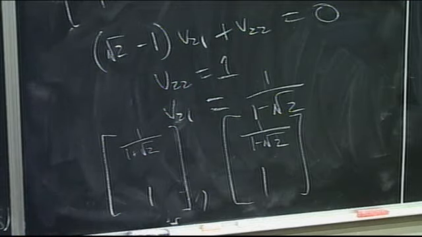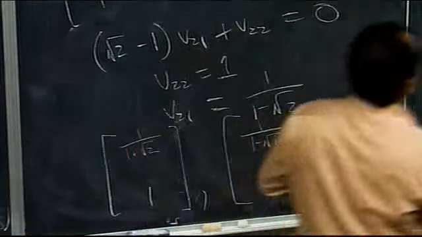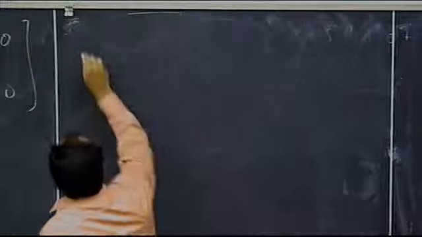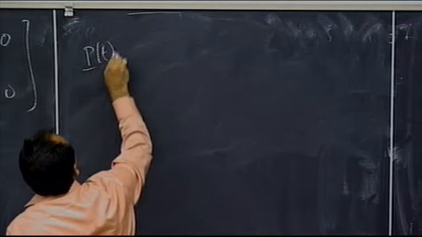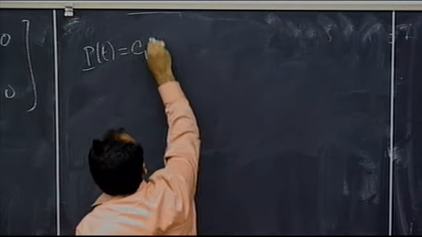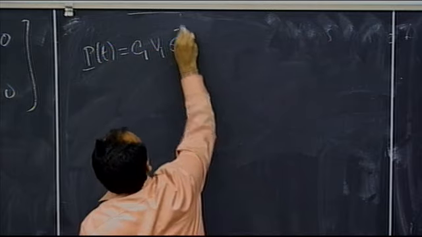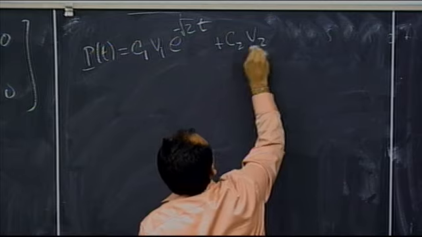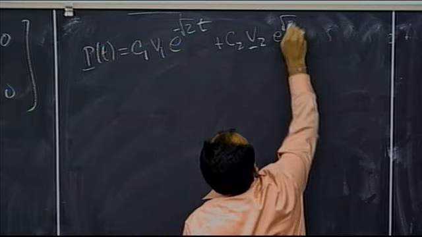Now, if I look at the solution to this problem, going back to the general form that I have over there, P of t is going to equal C1 times V1 e to the minus square root of 2 times t plus C2 times V2 e to the square root of 2 times t.